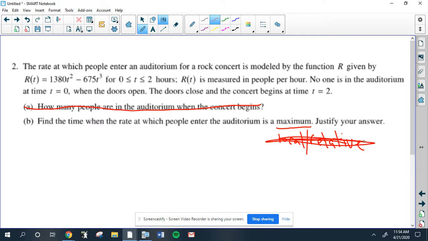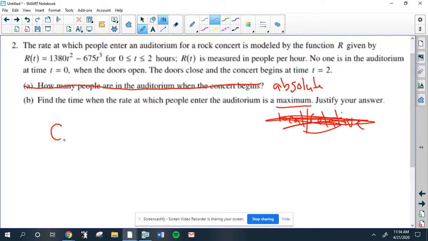You should always assume they're actually looking for absolute. So this is where the candidate test comes in. Remember, an absolute extremum will only occur for a continuous function like this at the endpoints or the critical numbers between the endpoints.